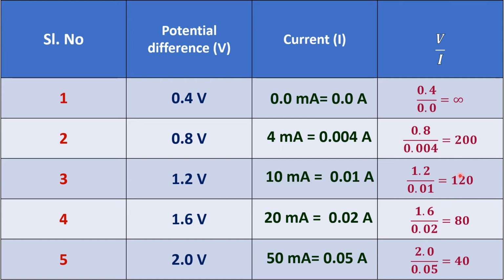So V by I value is not constant means it is not obeying Ohm's law. So the LED doesn't obey Ohm's law, isn't it? So the resistance of the LED is changing depending upon the potential difference applied between its terminals.